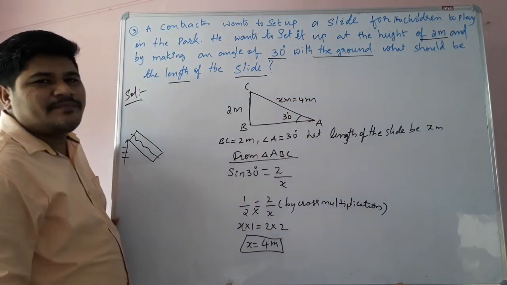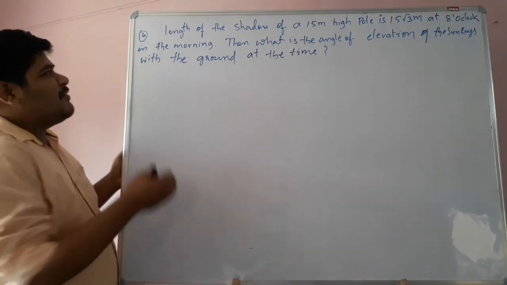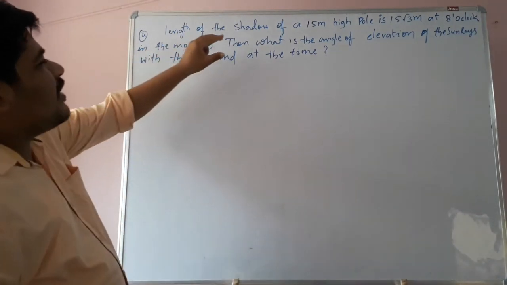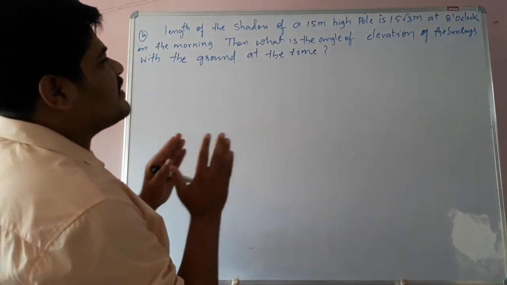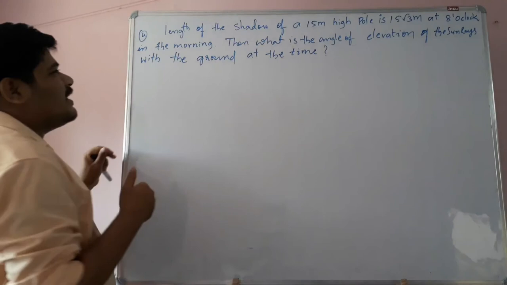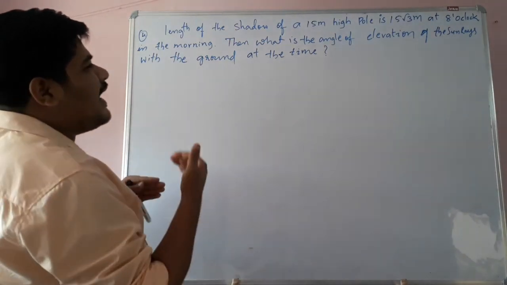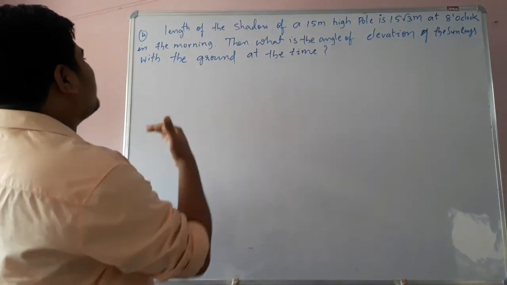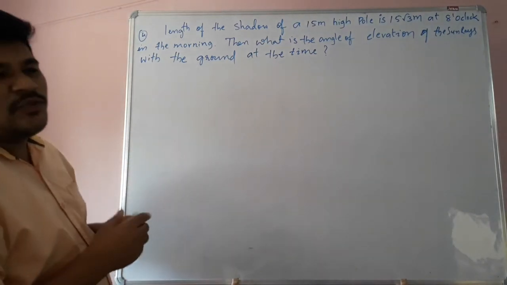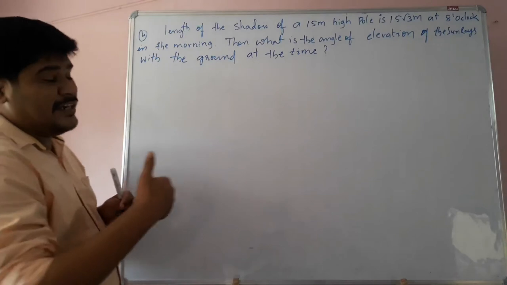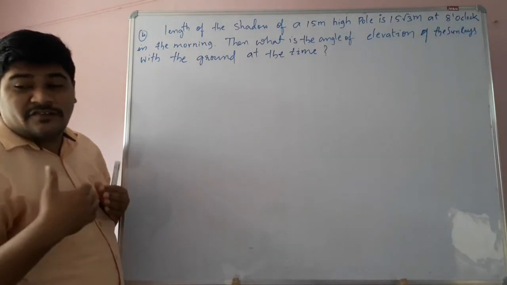Let's see problem number 4. The length of the shadow of a 15 meters high pole is 15√3 meters at 8 o'clock in the morning. Then what is the angle of elevation of the sun rays with the ground at that time? So students, in the morning time, whenever we are standing outside, we can observe our shadow.